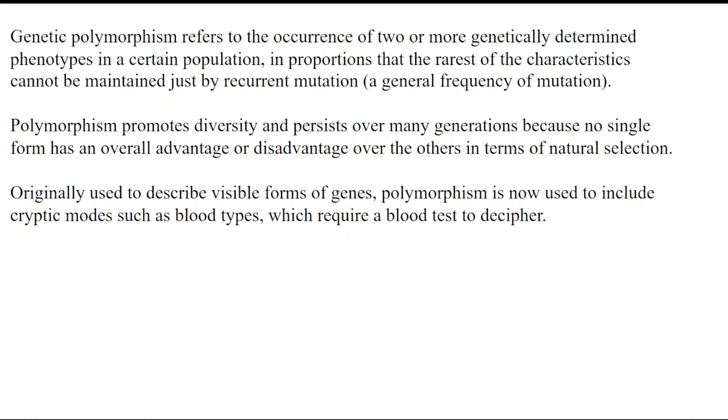Genetic polymorphism refers to the occurrence of two or more genetically determined genotypes in a certain population in proportion such that the rarest cannot be maintained just by recurrent mutation.